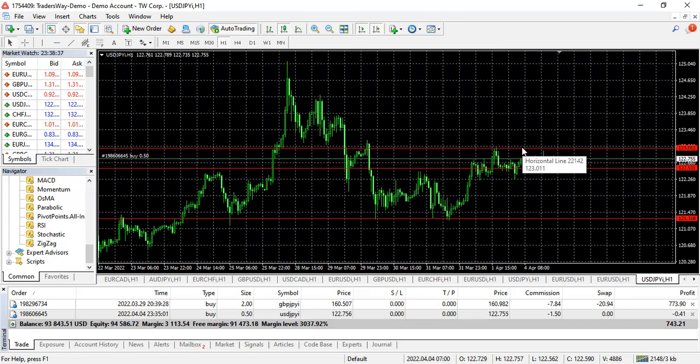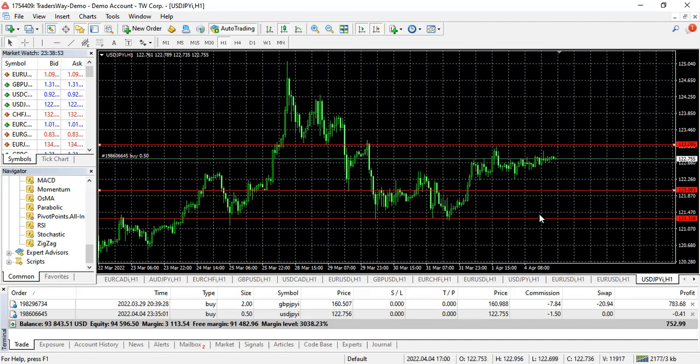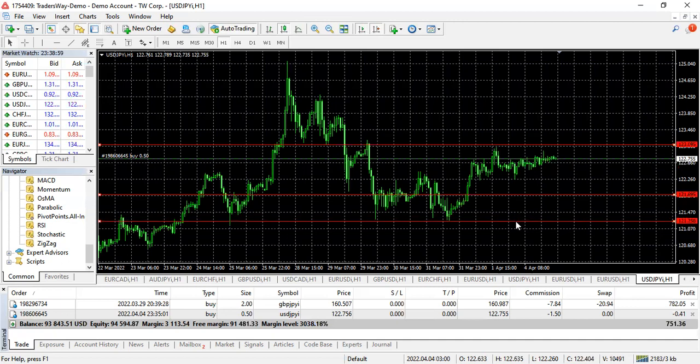You set it above this particular market, and if I'm using this here as my stop loss, I have to take it a little beyond my support here.